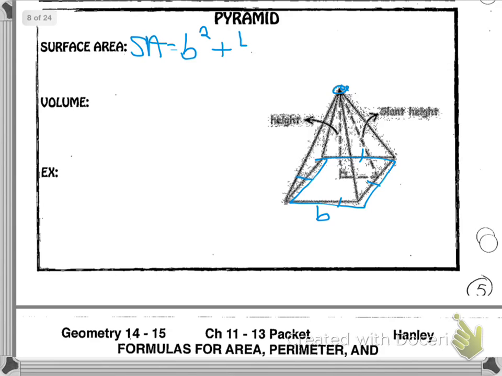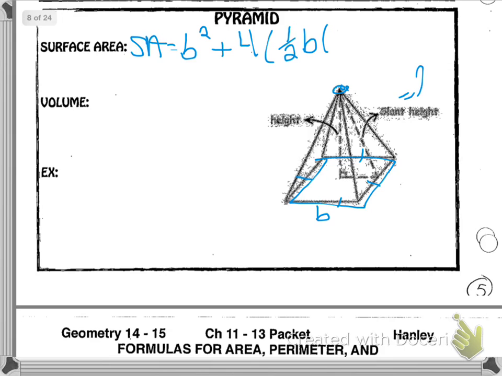But here we have 4 times the area of each face, which in this case is a triangle, so it's 1/2 the base times the height of each triangle. Oops, that doesn't look right.